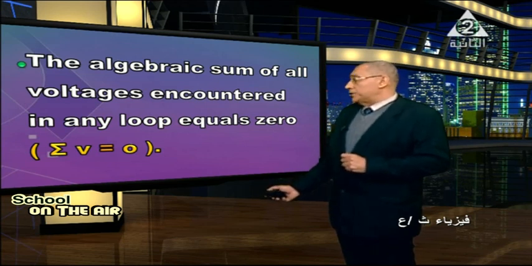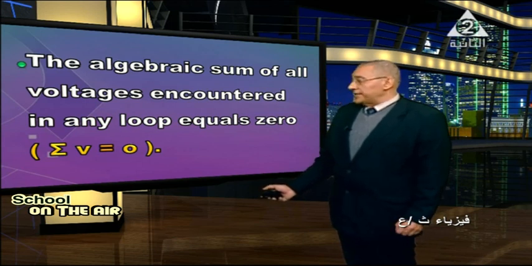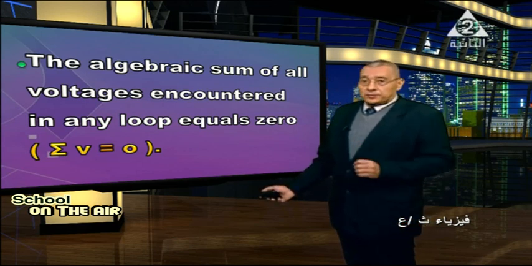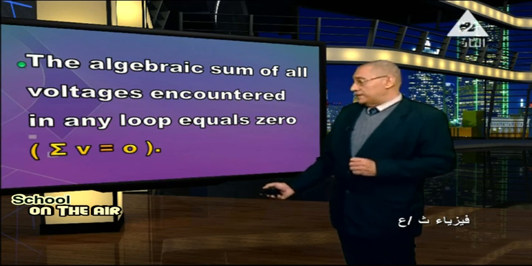The algebraic sum of all voltages encountered in any loop equals 0. Sum of voltages equals 0.